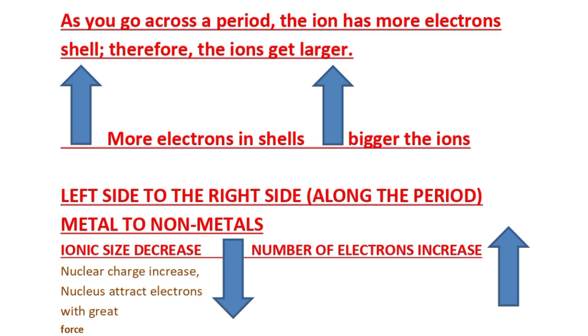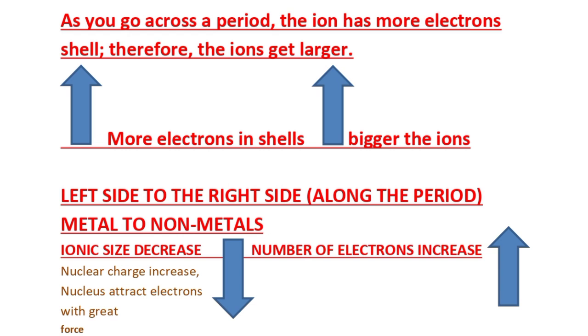So the closer they are to the nucleus, the nucleus will be attracting them with greater force, and that will lead to a decrease in their reactivity, as well as a strong attraction of the nucleus for the electrons, particularly for the non-metals. For the non-metals, the greater the number of electrons they are carrying, the greater the attraction the elements will face.